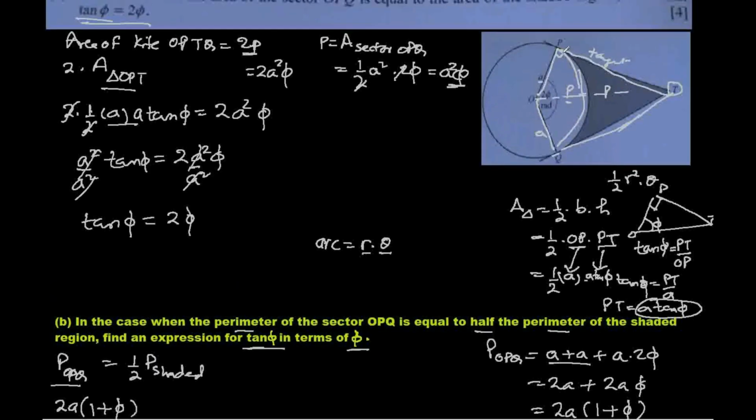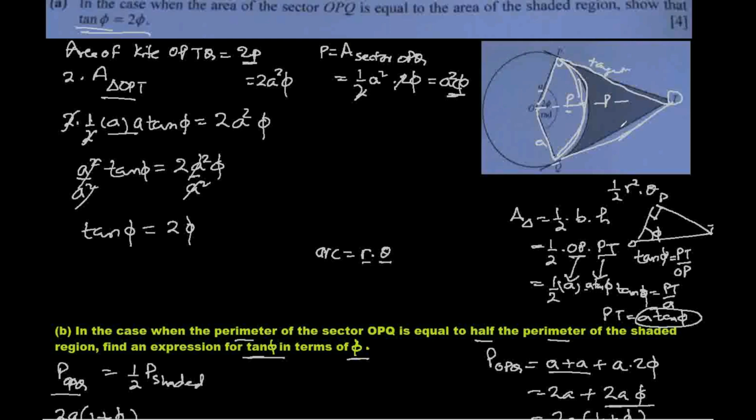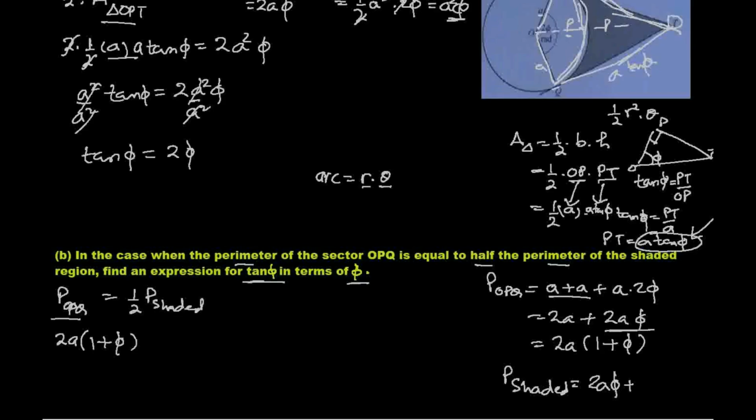The shaded region will have this arc, which is not OP, but PQ. And the PQ arc is already known to us, 2A phi. Plus, we also found this side, this PT side, A tan phi, and this will also be A tan phi because the tangents from the same point to the circle are equal.